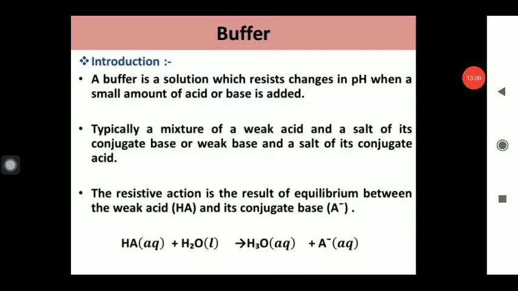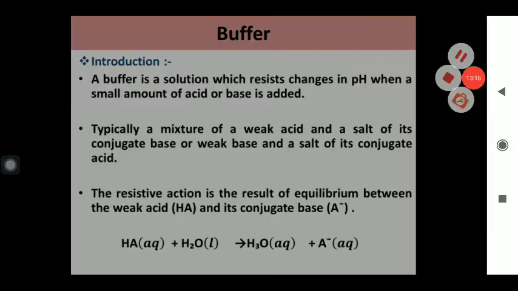So basically a buffer is a specific solution which always tries to oppose changes in pH when some compounds are introduced. The best example of a buffer solution is blood.